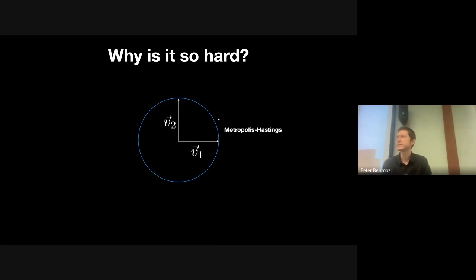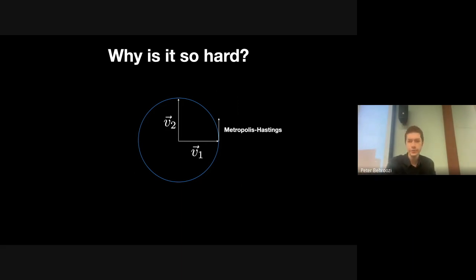With random walks, also known as Metropolis Hastings, you pick a random direction and you travel in that direction. The problem is that if you take a large step, then you immediately go off this high likelihood surface, and so you reject the point.